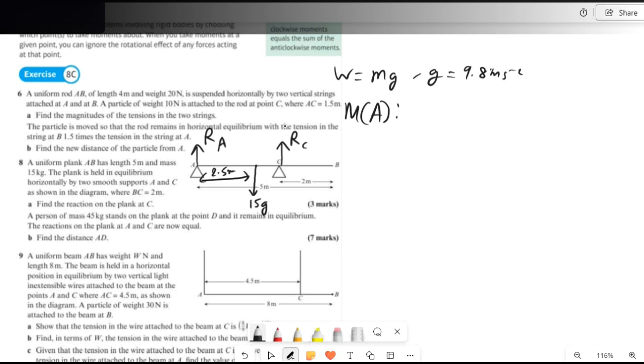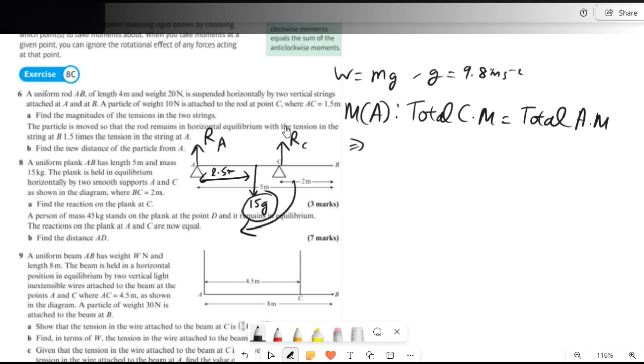Therefore, the total clockwise moment is equal to the total anti-clockwise moment because the system is in equilibrium. Due to this weight, which is 15g, there will be a clockwise moment in this direction, displayed in red.